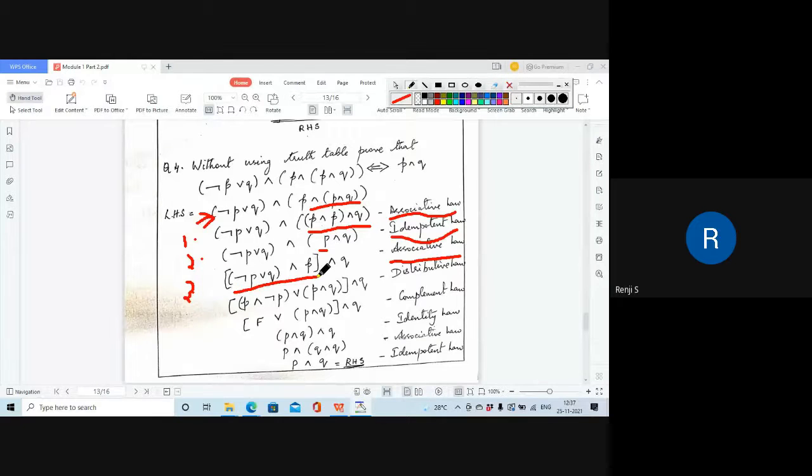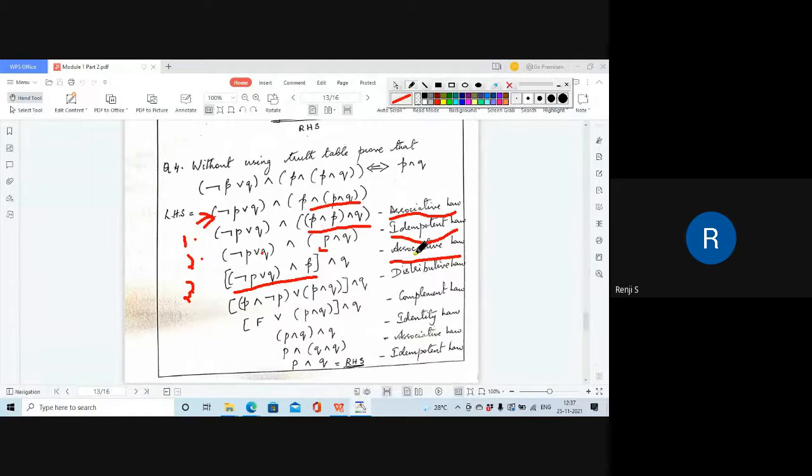Since both are conjunctions, I can change the order of evaluation. So, not of (P or Q) and P, then the remaining and Q is written here. The law that I applied is the associative law.